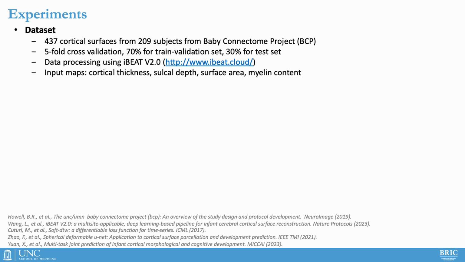To evaluate, we used 437 cortical surfaces from 209 subjects from the BCP dataset. All subjects were split into training and testing sets, and 5-fold cross-validation was used for tuning the parameters. All the cortical surfaces were processed using iBEAT 2. We used 4 cortical property maps, including cortical thickness, sulcal depth, surface area, and myelin content, as our input channels.